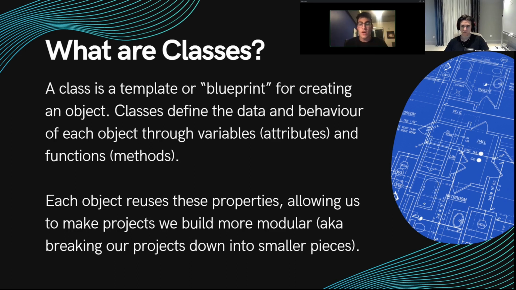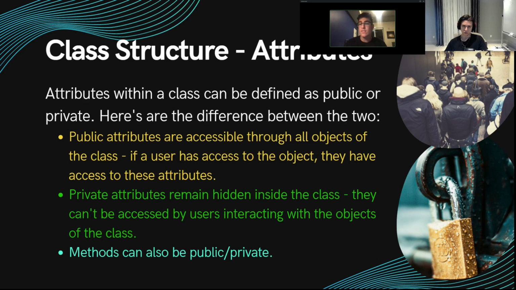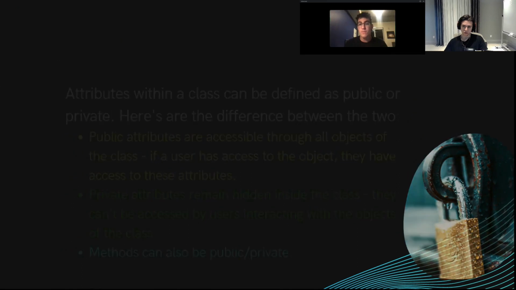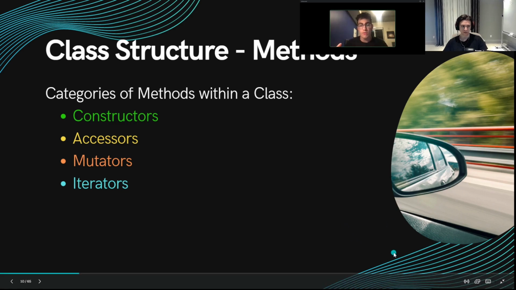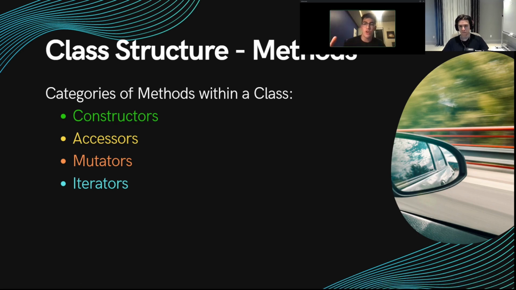For methods, there are a few kinds that classes can have. Constructors are what build the objects. Accessors are used to access information stored in the objects. Mutators change any information stored in the object. And an iterator goes through the information. A really quick example that I like to give, which is why the slide shows a car: a class is kind of like a car.